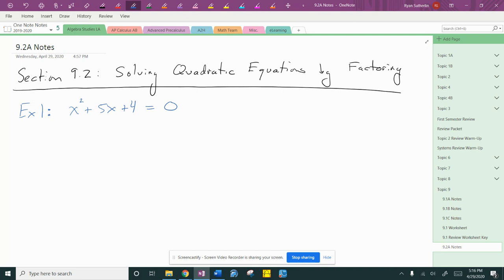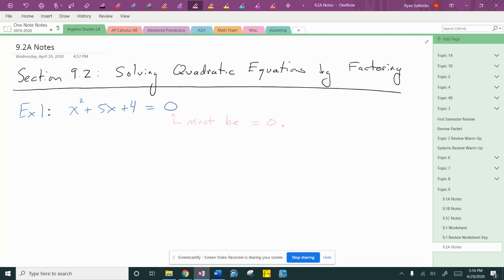Now notice, anytime we do this method, the same thing must always be true: the equation must be equal to 0. Kind of like when we did the graphing problems, if it wasn't equal to 0, we moved things around so that it was. So when you're solving a quadratic equation, the first thing you do is set it equal to 0.